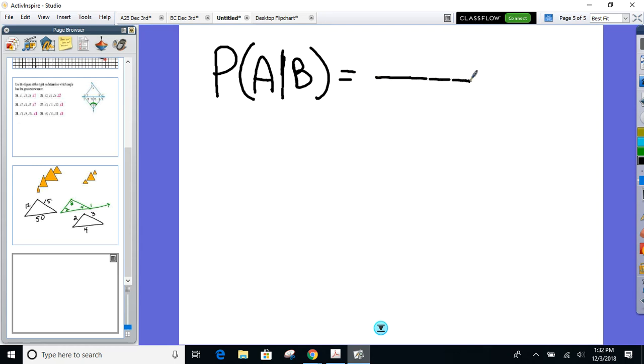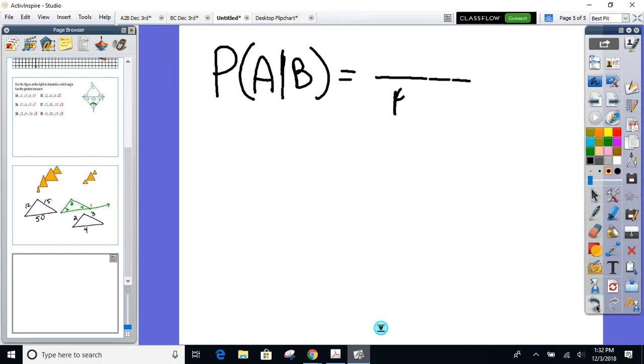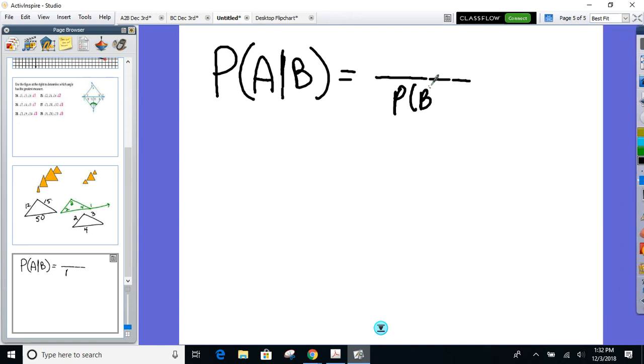Do we remember how to find that? What goes in the denominator? Not A in the denominator. Just B. Whatever's already happened. Already is B, so you're going to put the probability of B on the bottom, or however many B is. So the probability of B in the denominator. Whatever happened goes in the denominator. On top is both of them happening.